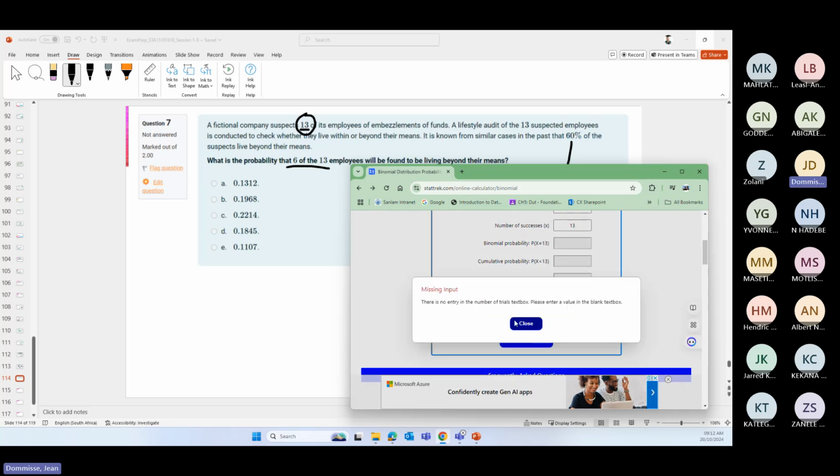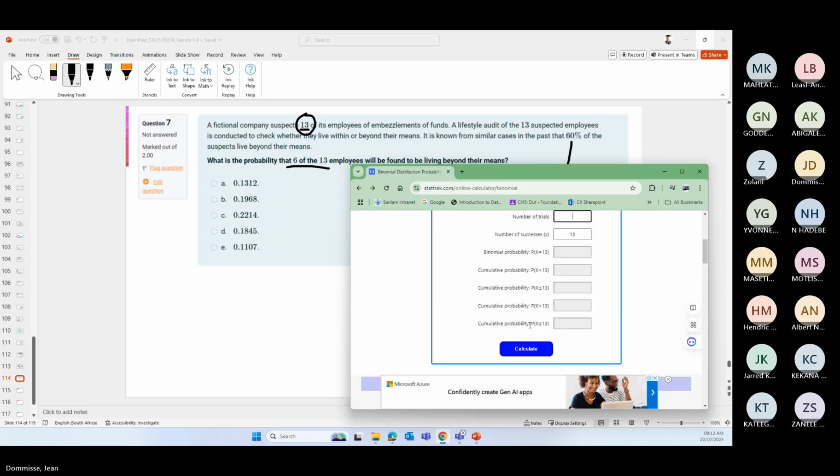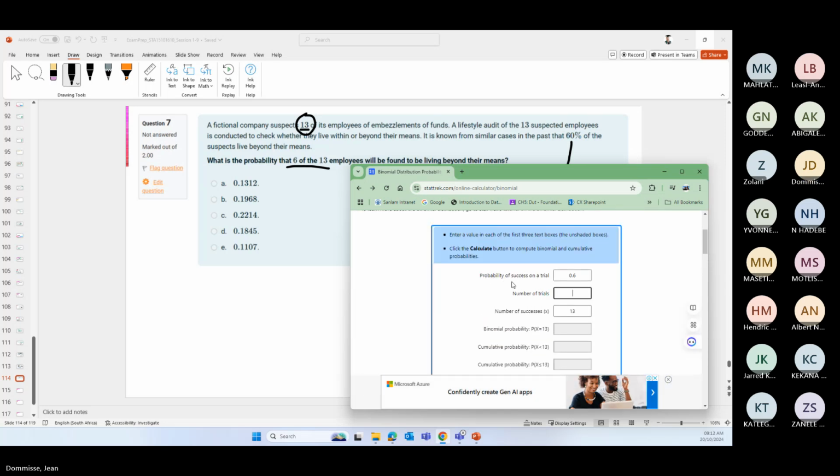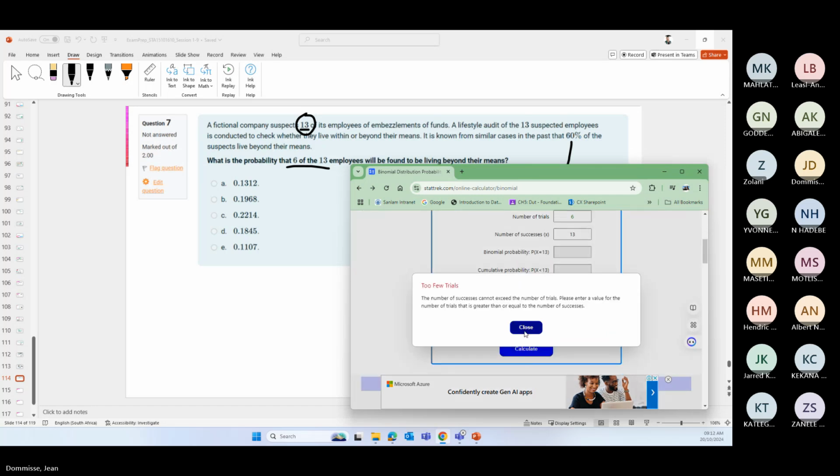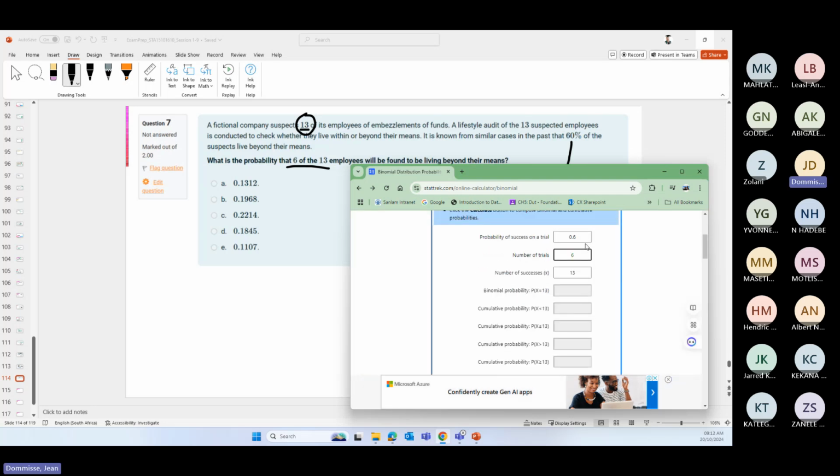Let's just quickly see. So 60%. Sorry, wrong way around.